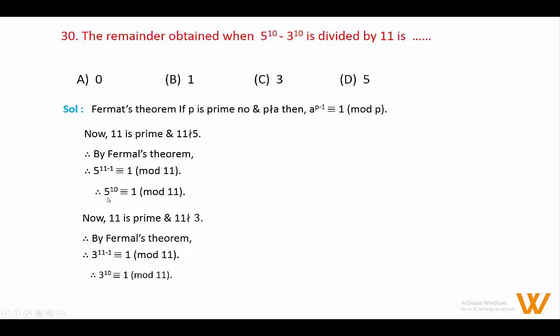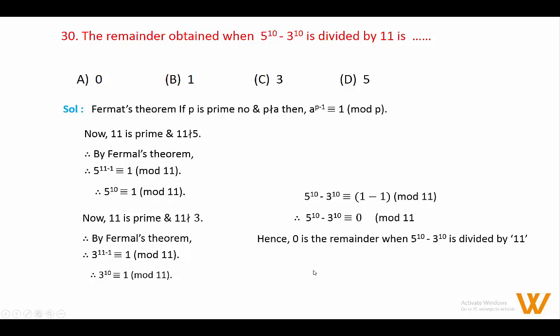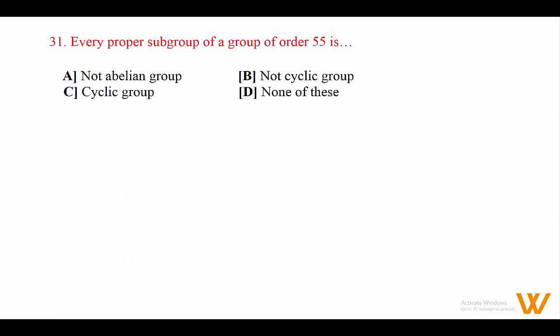Then their difference: 5 raised to 10 minus 3 raised to 10 is congruent to 1 minus 1 mod 11, so it is congruent to 0 mod 11. Means the remainder is 0. Answer is option A, 0.